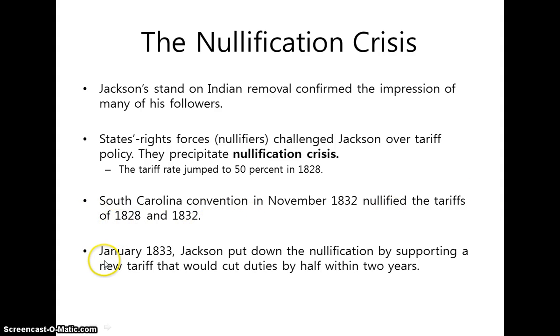So in January 1833, Jackson put down the nullification by supporting a new tariff that would cut duties by half within 2 years. Jackson, like it says over here, put down the nullification.